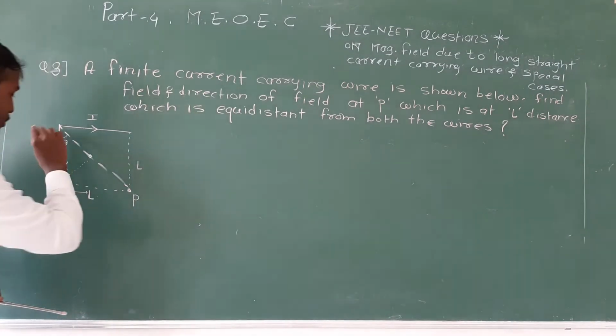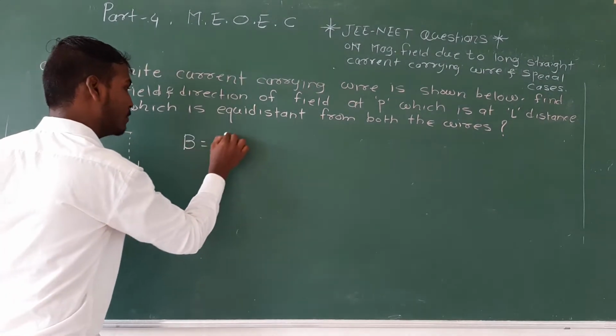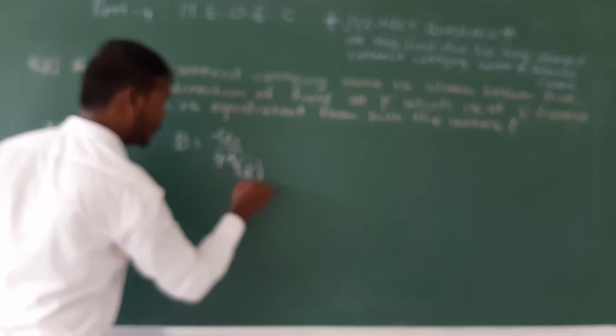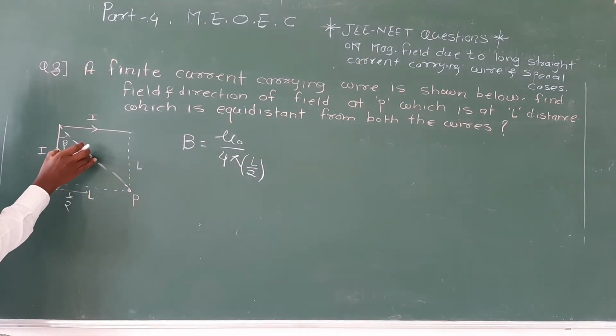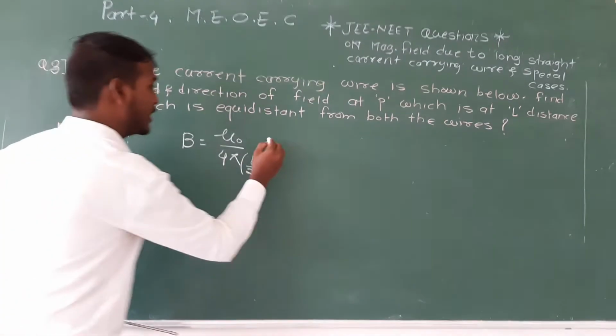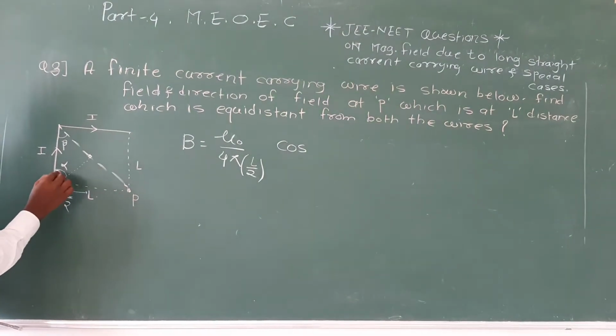So we know that for this conductor, B will be μ0 upon 4π. Now R can be replaced by L by 2, which is the perpendicular distance. We are taking point P here. The remaining part is cos alpha. Now alpha is nothing but, this whole angle was 90 degrees, so it will be 45.